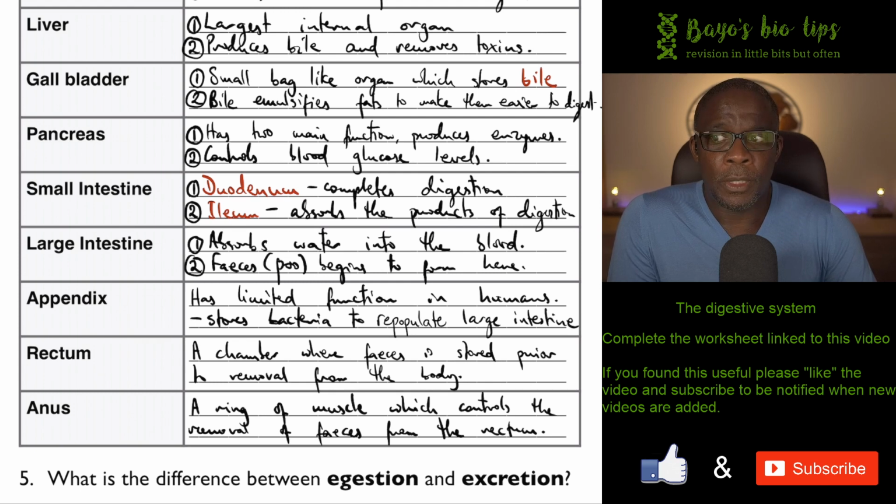So things like metabolic waste and other such substances that were part of your body which need to be removed. Now, I said that feces is mostly described as being digested, but actually there are some substances within feces that you would be able to describe as being excreted.